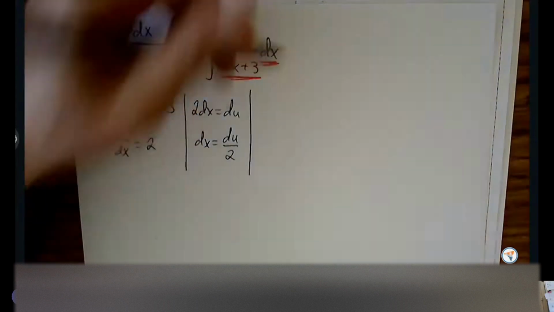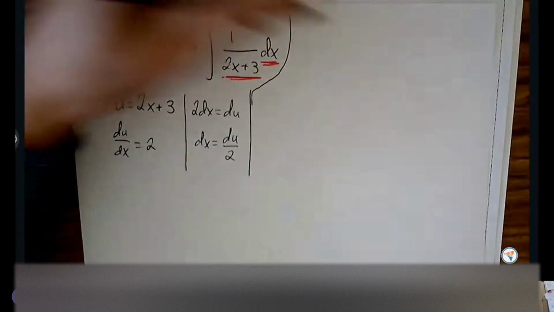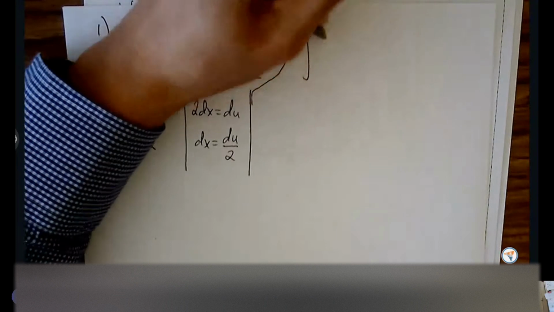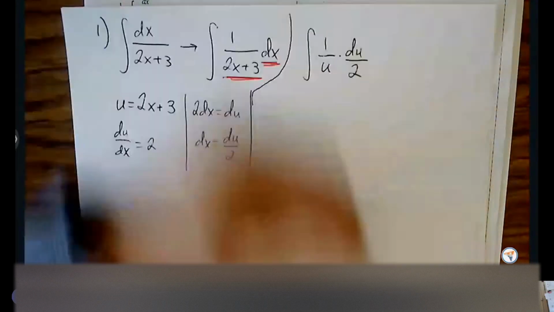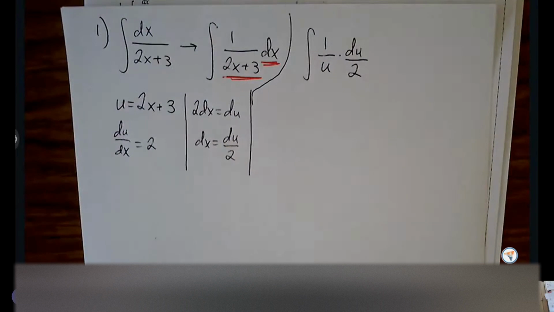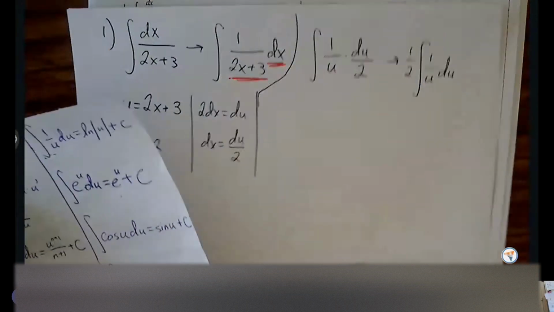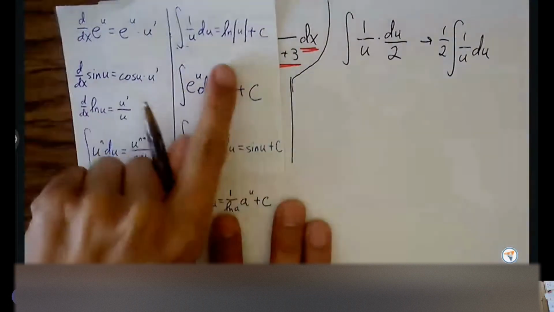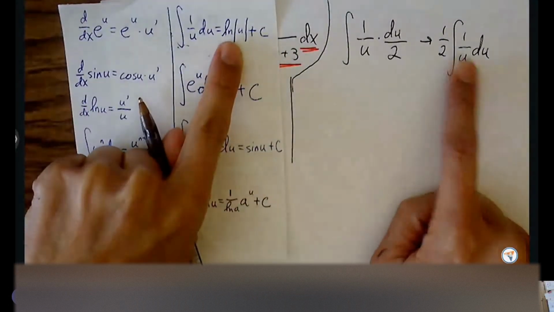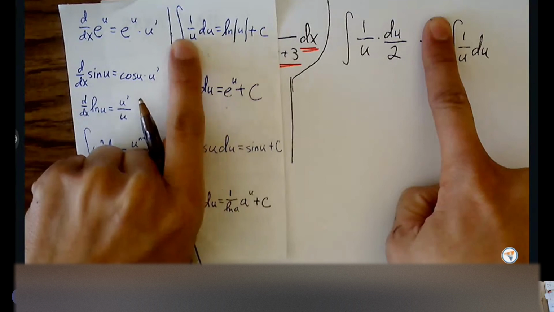All right, we make our initial round of substitution here. Pull the 1/2 out in front. And once you're there, perfect match. Cover up that coefficient, perfect match.